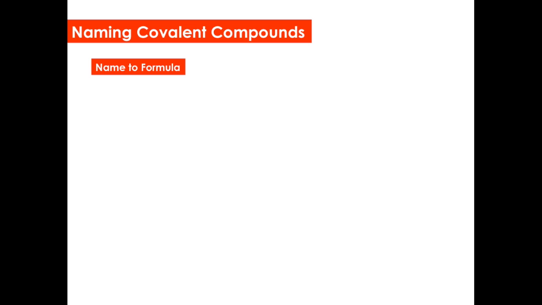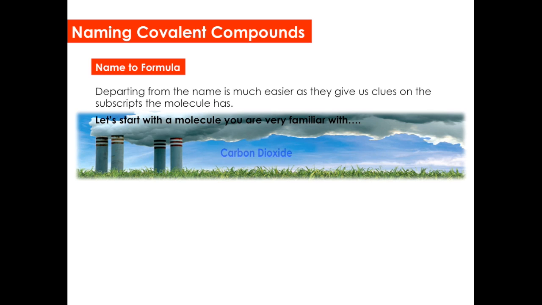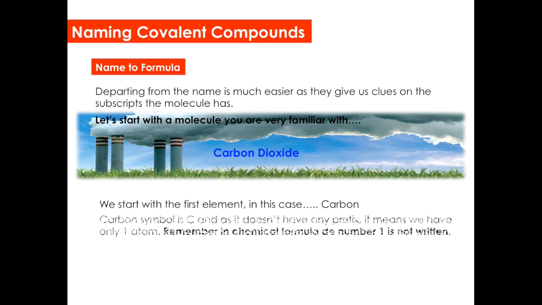Now let's go from name to formula. Departing from the name is much easier, as they give us clues on the subscripts, the number of atoms that the molecule has. Let's start with a molecule you're pretty familiar with: carbon dioxide. We start with the first element, in this case carbon.